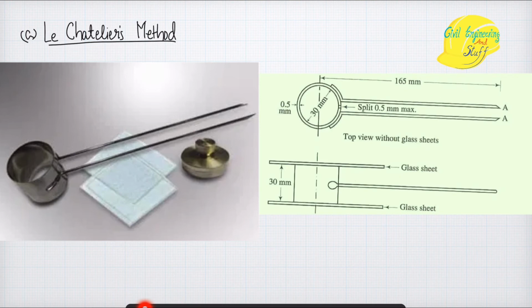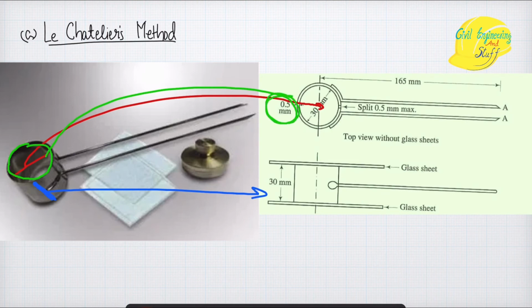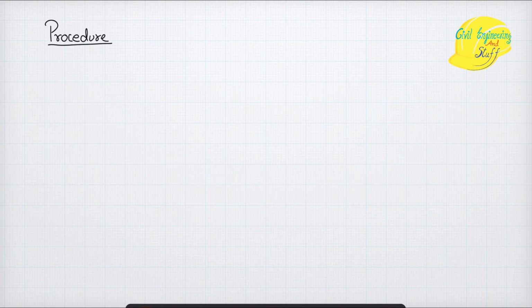The length of this assembly is 30 mm, the diameter again is 30 mm, and the thickness is 0.5 mm.